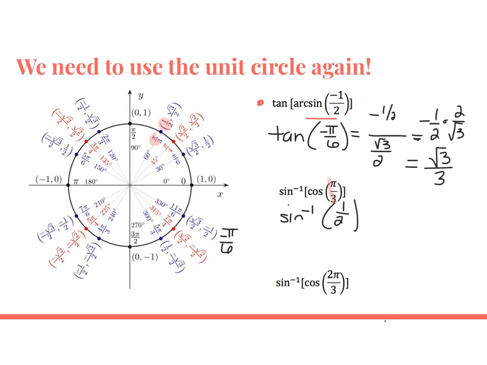Sine is a y value, so we need to find a y value that's 1/2. And that's going to lead us to that x value of pi over 6. So we start here, we move out to the x value, then we jump to a y value because now we want to find inverse sine, and then go to the inside of the circle for our next answer.